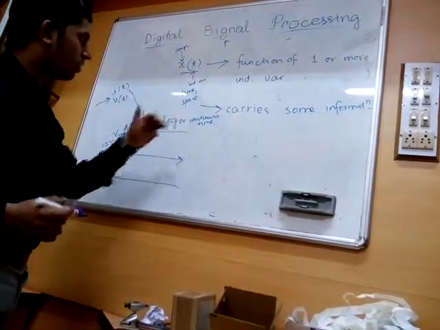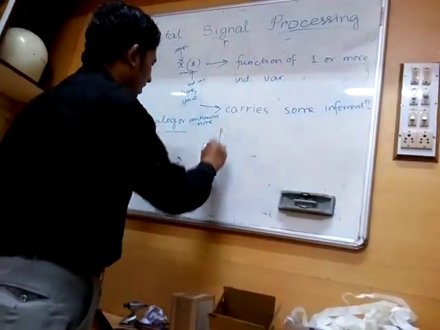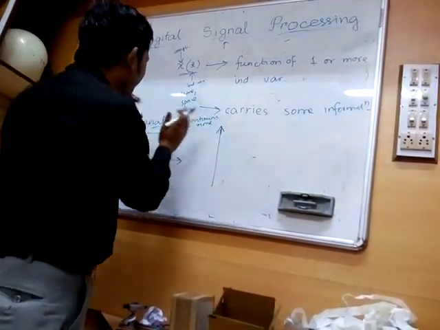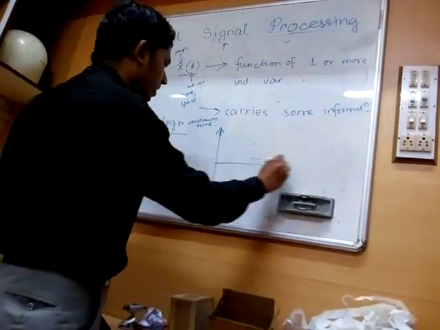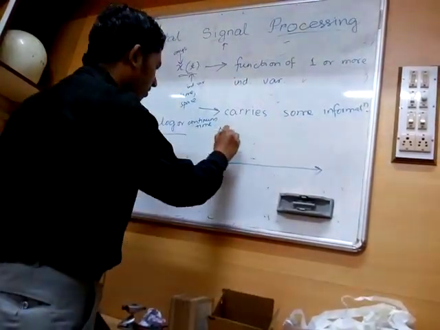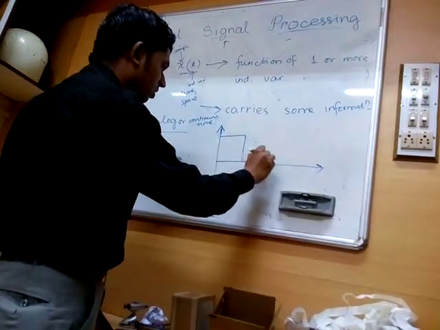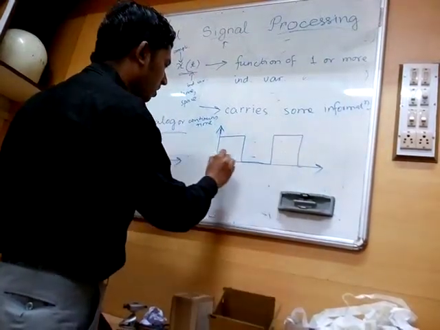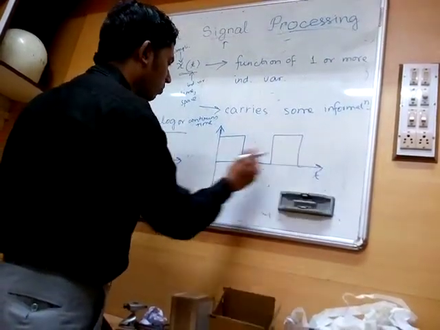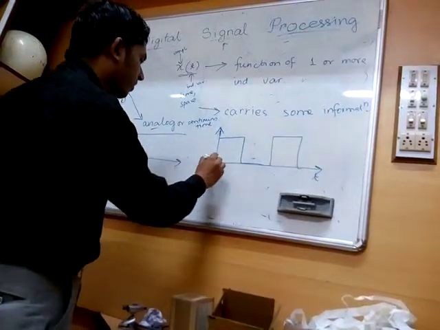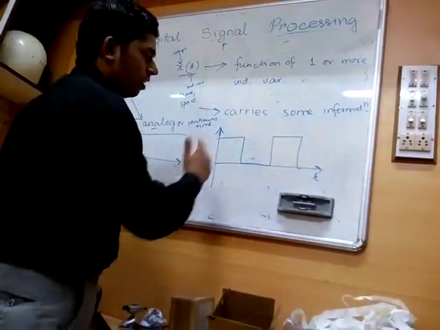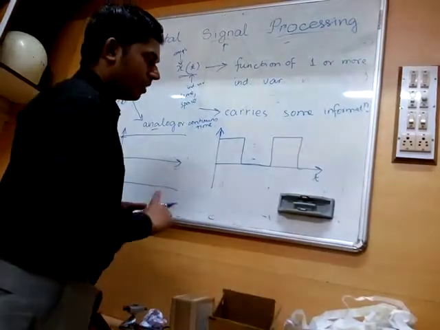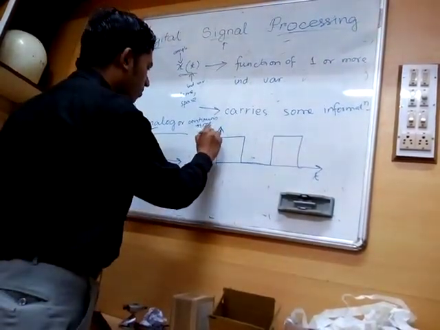Actually, there is a very thin line between analog and continuous time signal. For example, say I have a square wave pulse where my time is continuous. So the signal is defined in all instances of time. It's either 0 or say 5 volt.